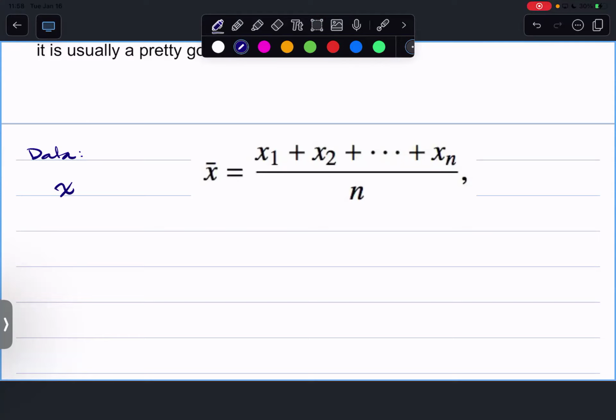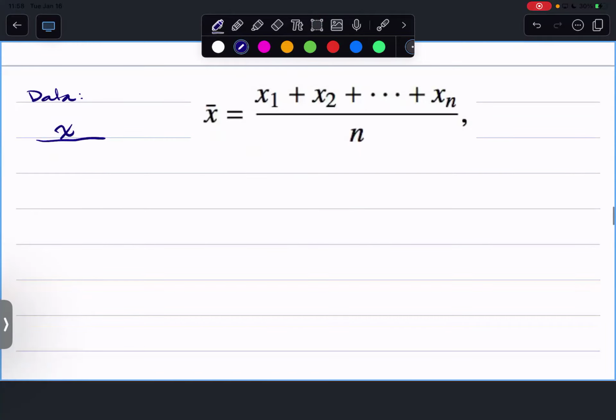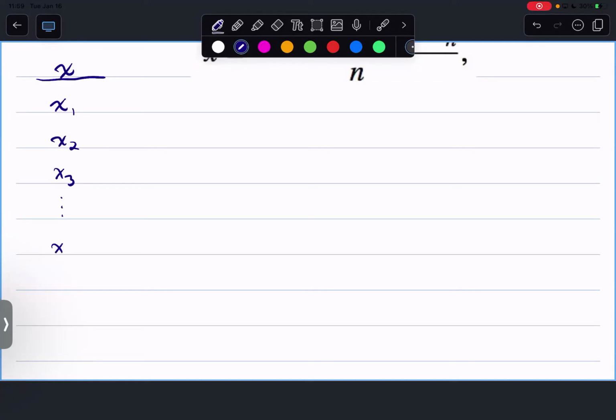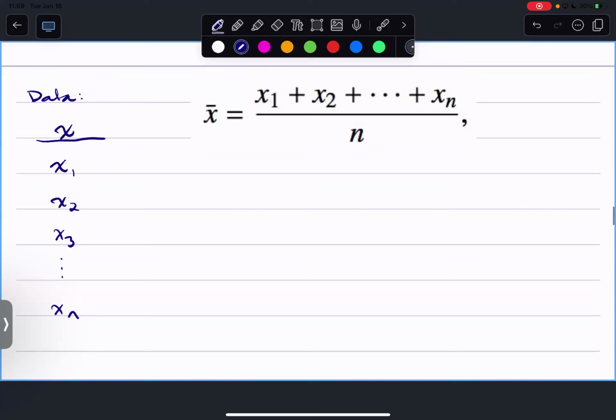Height, weight, GPA, number of hours per week that you do extracurricular activities, it doesn't matter. So I've got this broad name X, which means that observation 1 is X1, X2, X3, and all the way up to Xn. We can link this to a spreadsheet and visualize it this way.